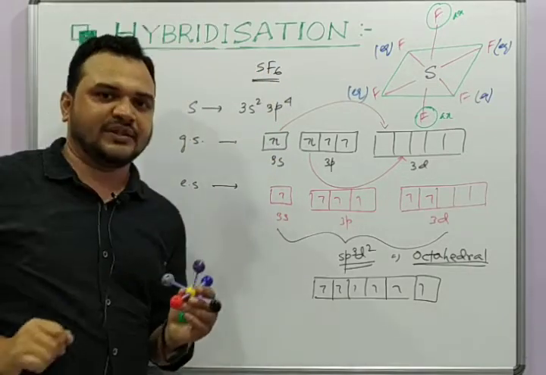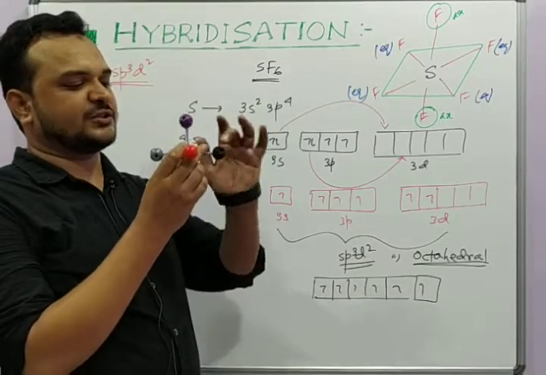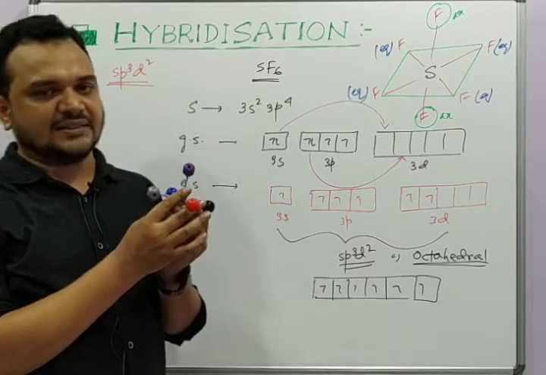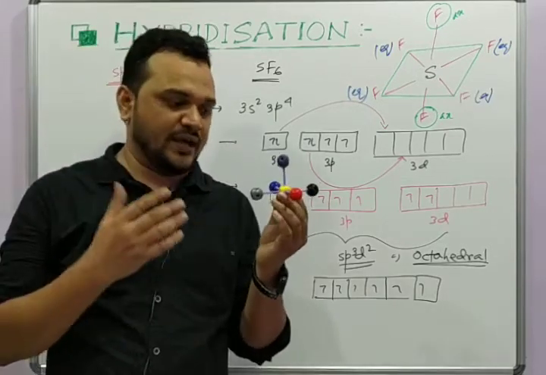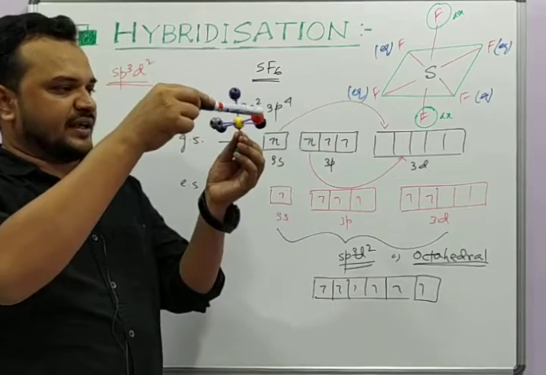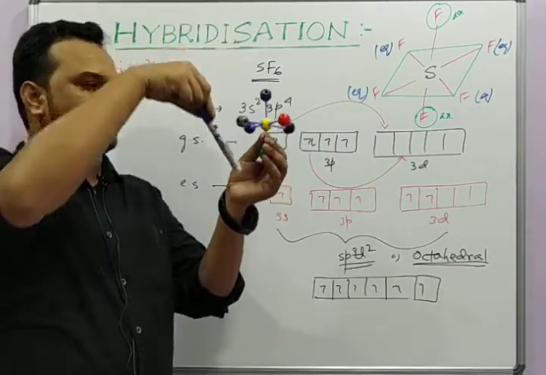But the problem is, in octahedral geometry, all these 6 positions are equivalent. You cannot distinguish them as axial or equatorial. Why? Just watch it very carefully. If you are taking this one as the square plane, then these two are the perpendicular.